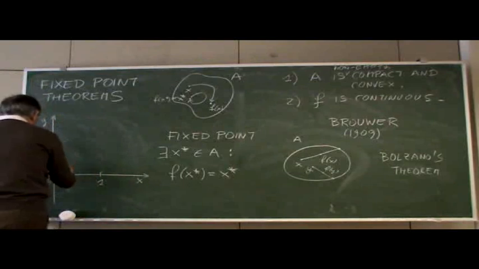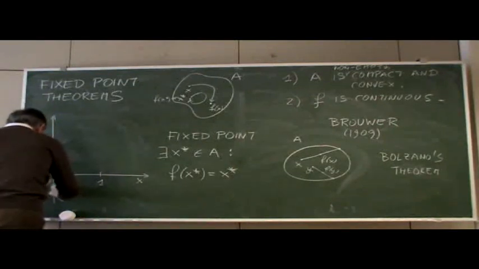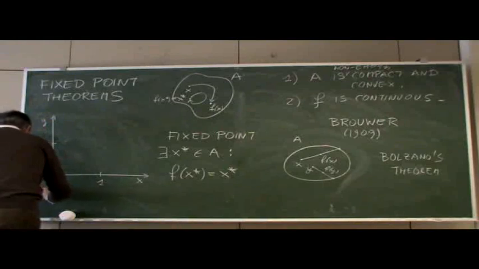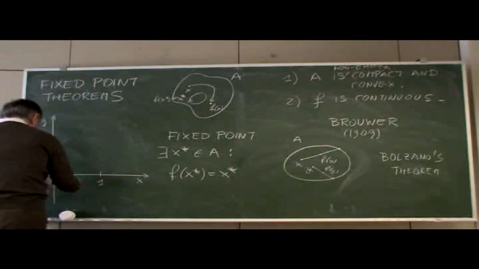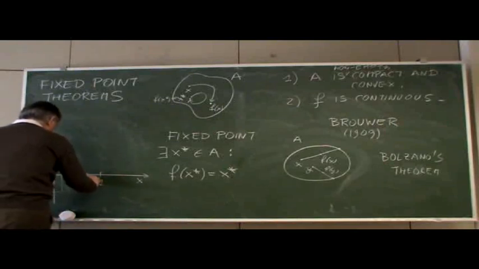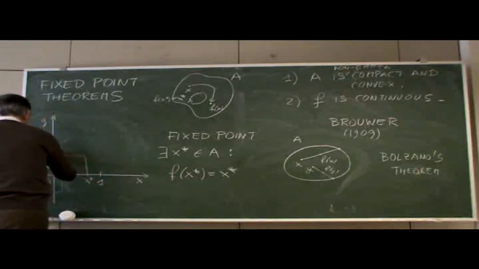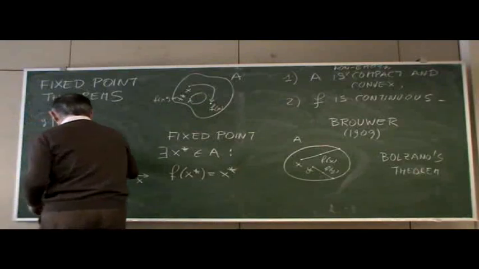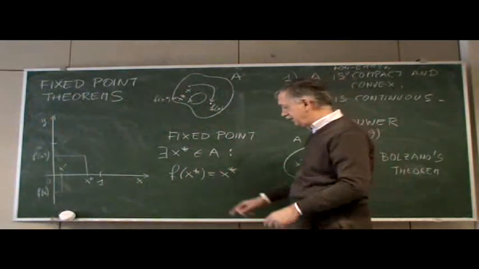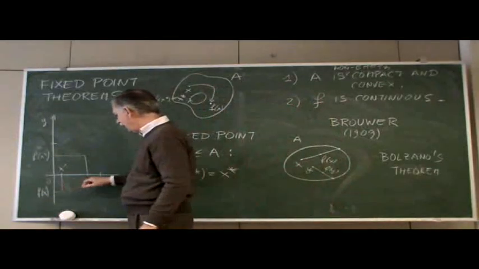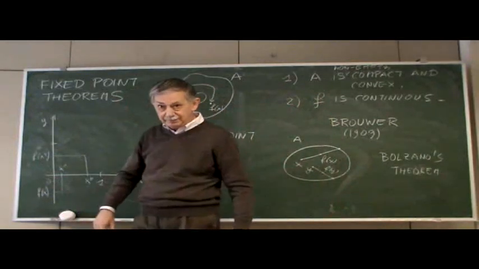But you know that for a certain x, f of x is a negative number, while for another x second, the value f of x second is a positive number. For some x, the image is a negative number, for other x it is a positive number.